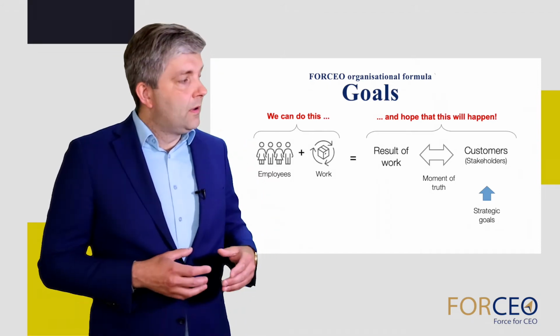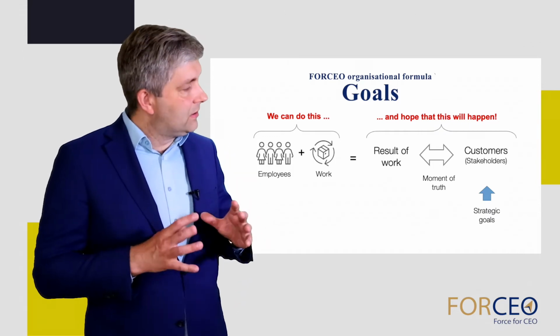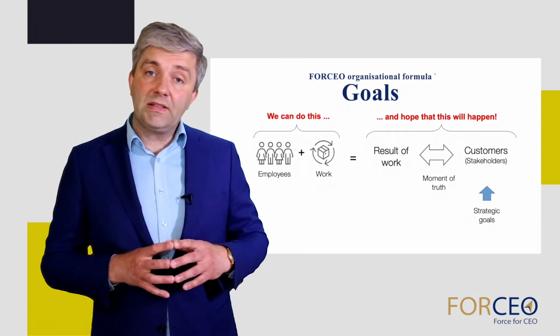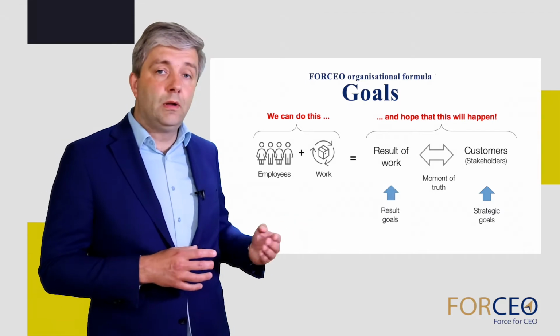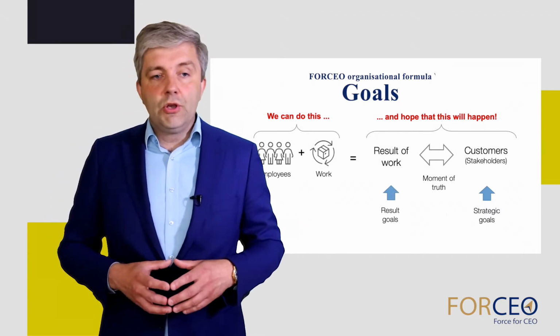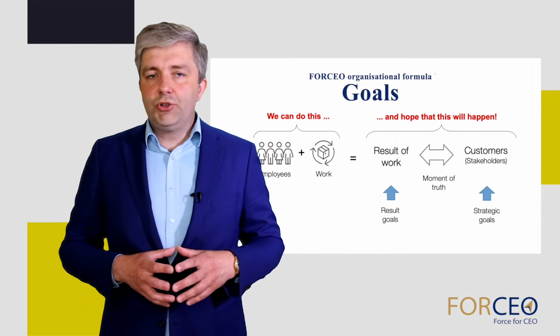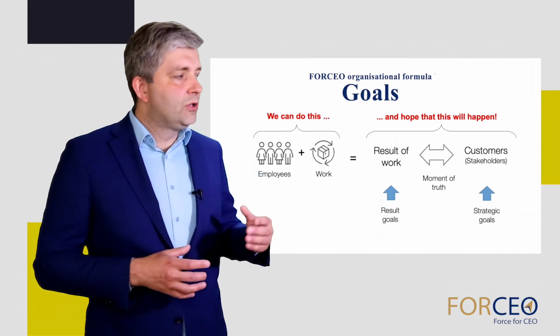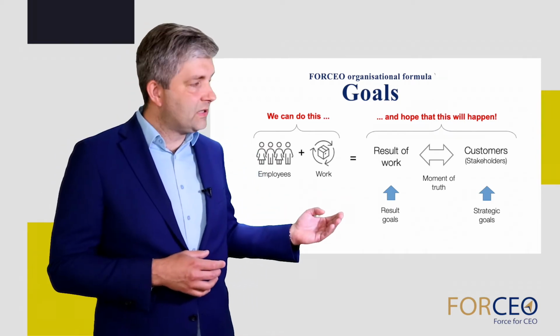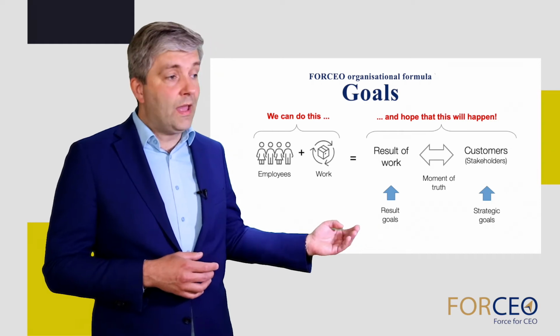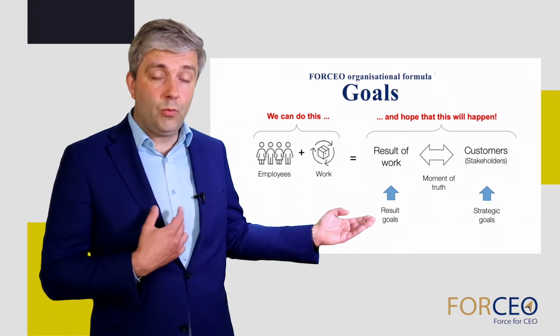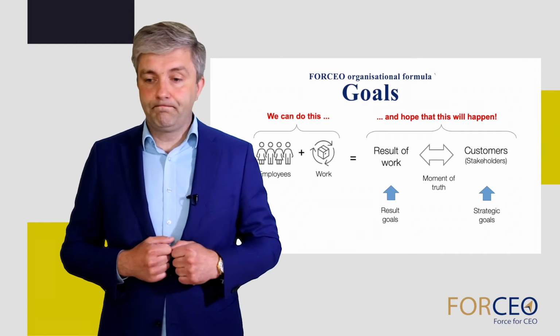Then, once the moment of truth has passed, we switch to the next one, the result goals. What kind of results should be created so that the moment of truth takes place and the customer is happy and thinks what we want them to think about us?